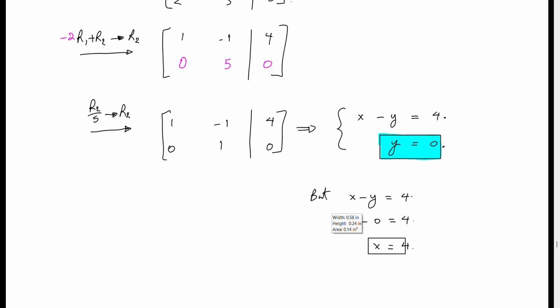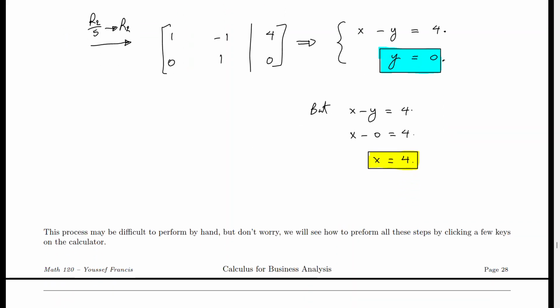And that is the end of the problem. We just got x and y by doing this row echelon form thing. So the solution of my system is the numbers x, y, where x is 4 and y is 0.